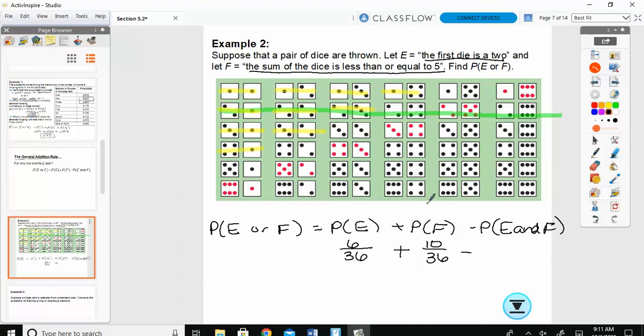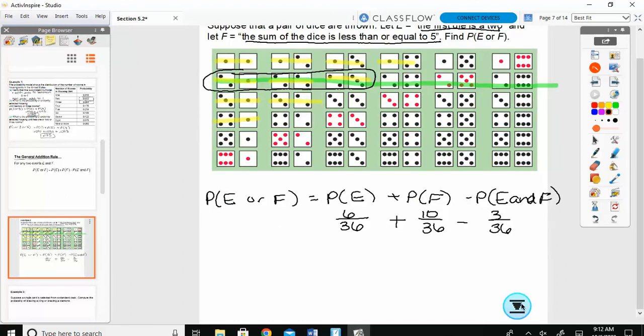So that's 10 out of the 36. Minus, how many did I double count? 3. These 3 right here got counted in with both groups. So I have to subtract off those 3 out of 36 because I counted them twice. So then we just calculate it.